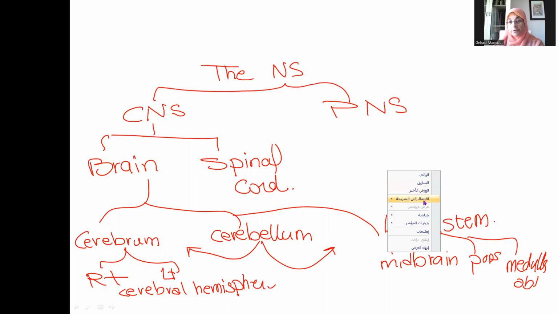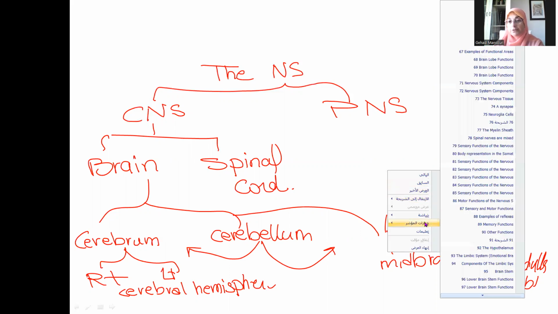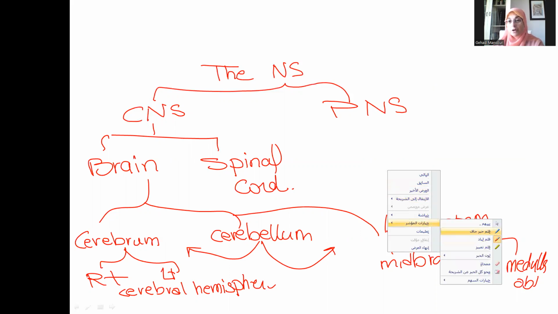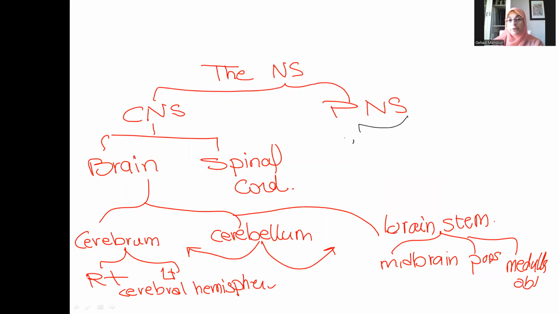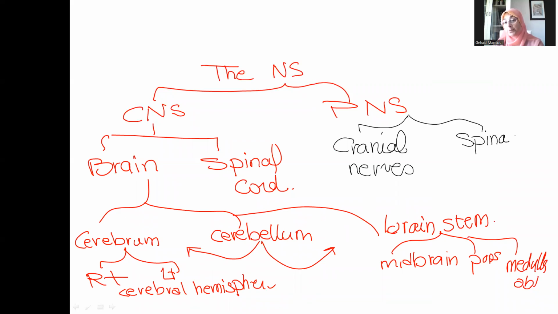Concerning the peripheral nervous system, the peripheral nervous system consists of cranial nerves that arise from the brain. We have 12 pairs of cranial nerves, as well as the spinal nerves that arise from the spinal cord.